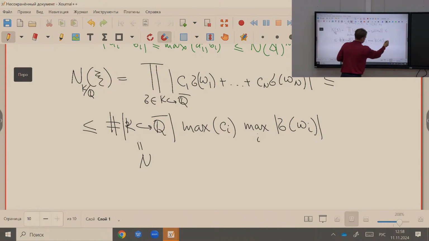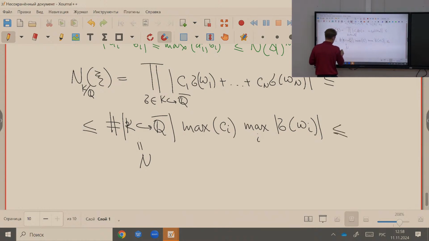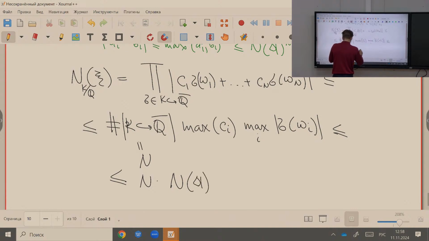So this is bounded by the maximum times the universal constant. So this is n times N(a) to the 1 over n, plus 1, times the universal constant.